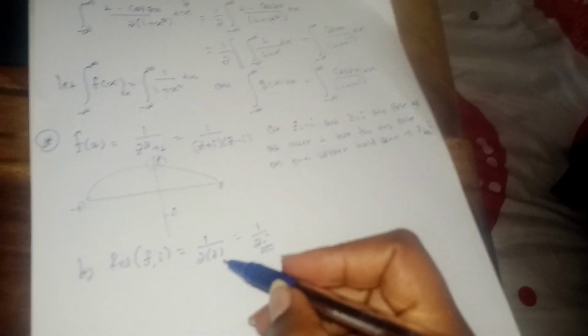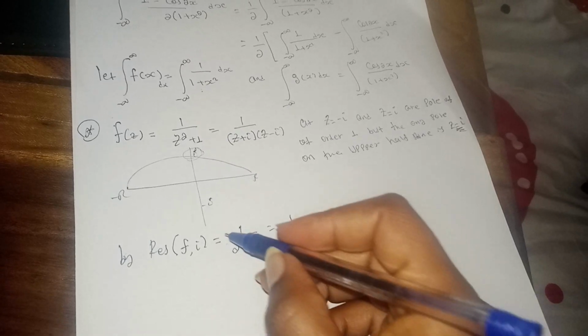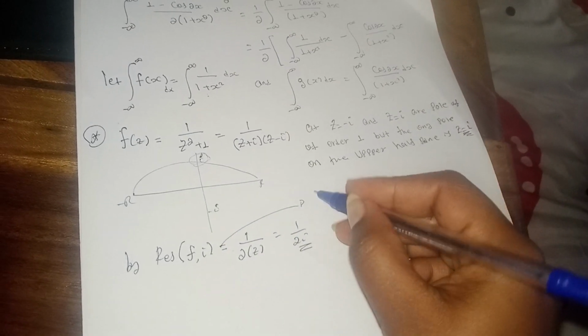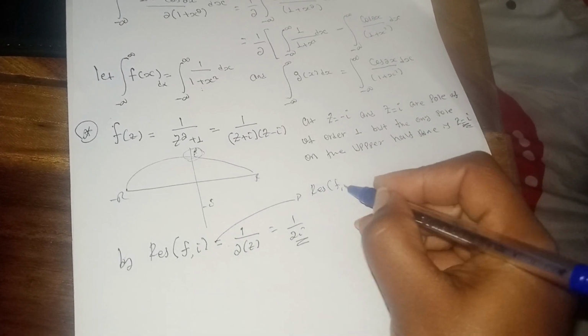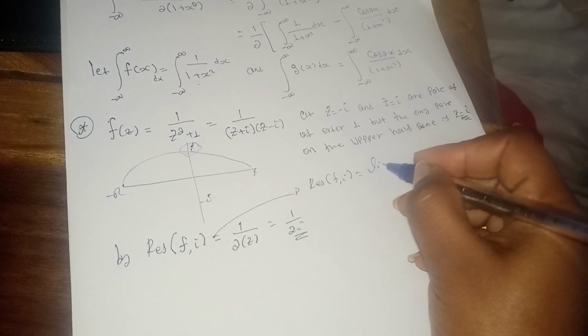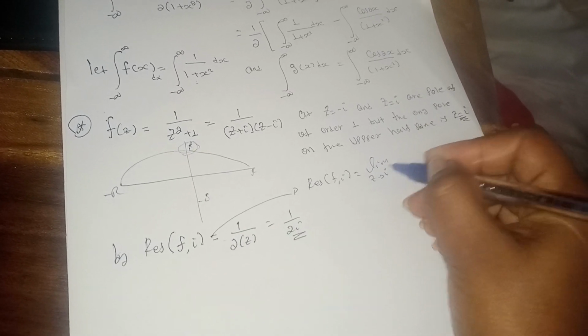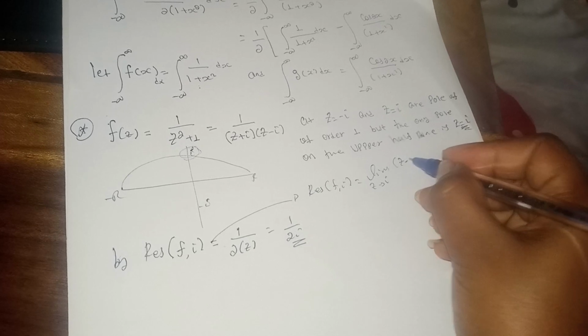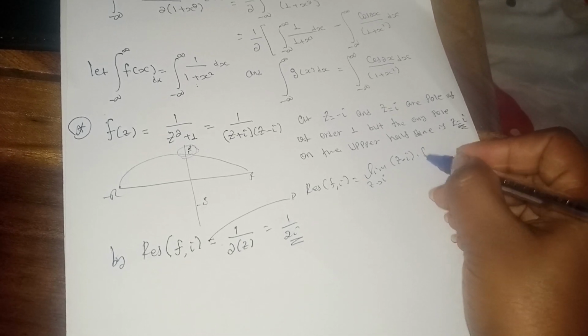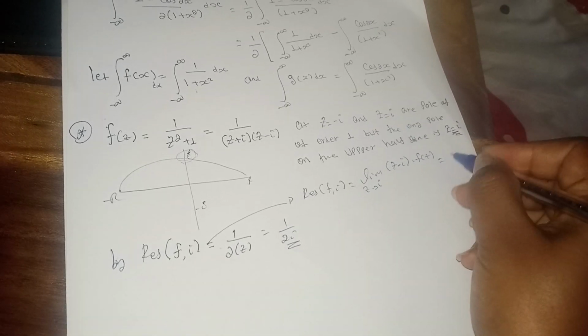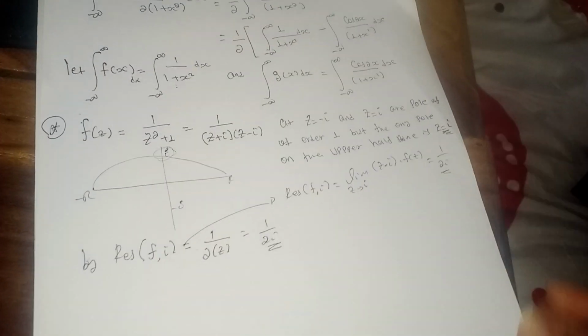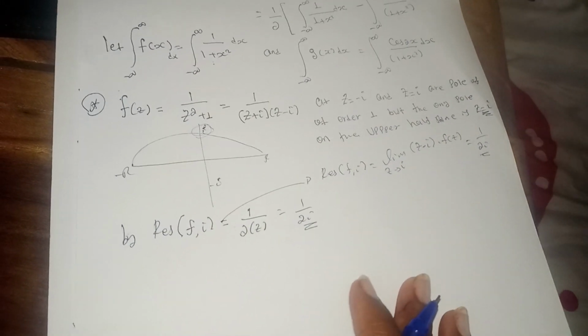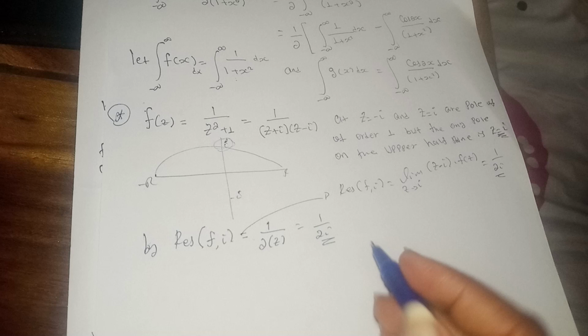Or you can also use the fact that the residue of f at i is given by the limit as z tends to i of (z minus i) times f of z. This is also 1 over 2i. Both are equal, so the residue of f is 1 over 2i.